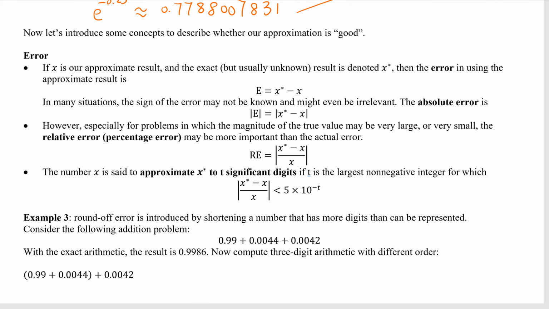If x is our approximate result, and usually we don't know the exact result, let's denote the exact result as x asterisk. Then the error in using the approximated result is e equals x asterisk minus x. So x asterisk is the true value, and this x is our approximation.